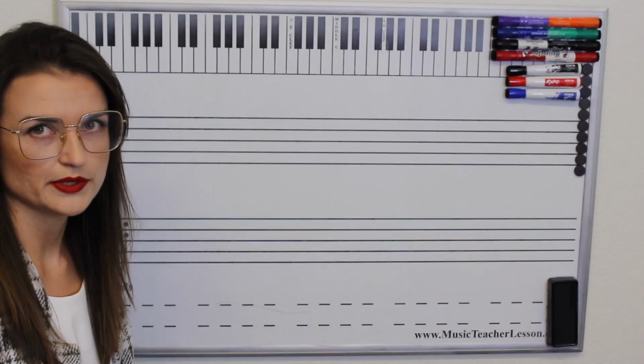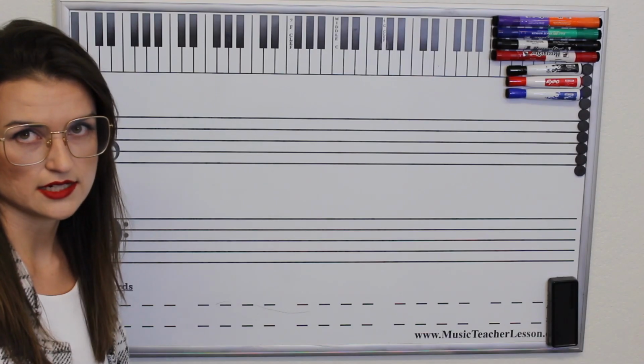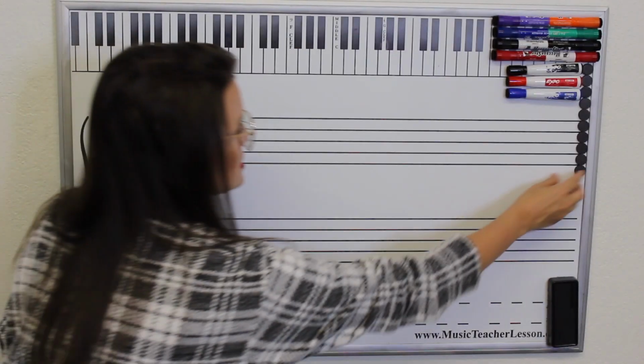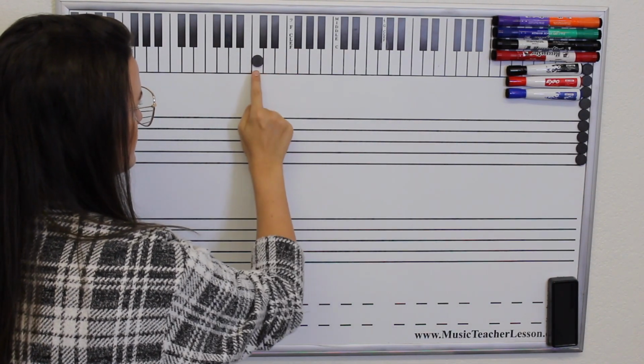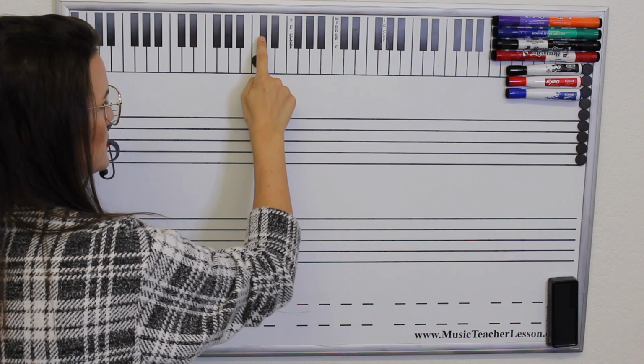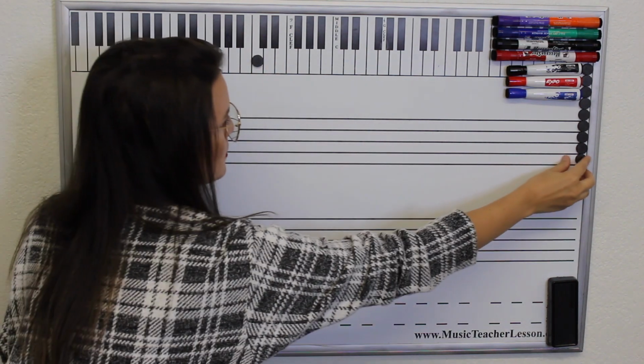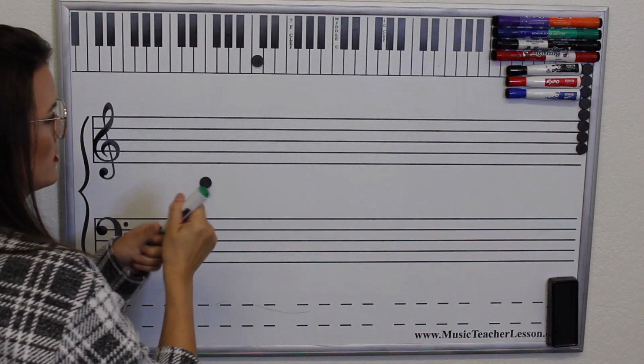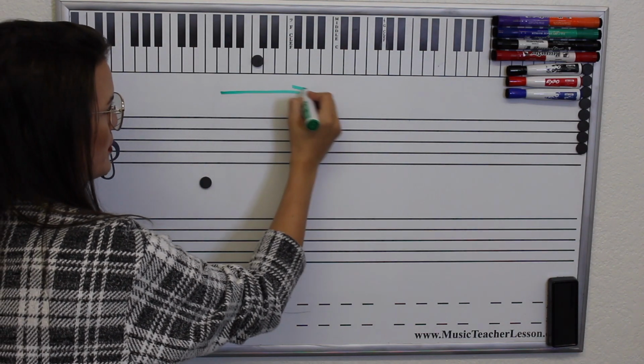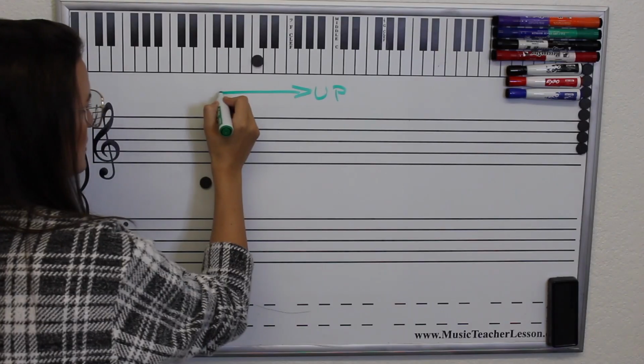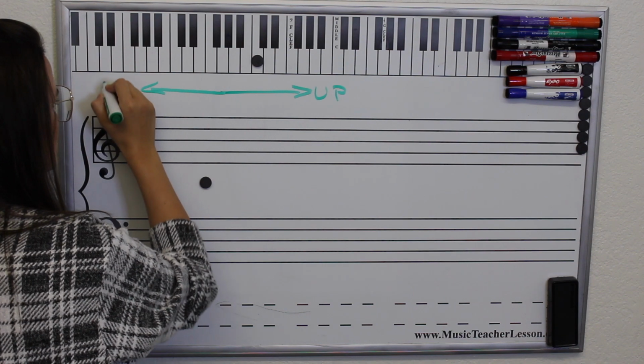Now we're going to build a major chord based on half steps. We're going to start on C. This is C. We're going to go up, 1, 2, 3, 4. So this is the direction of up on the piano, and this is the direction down.